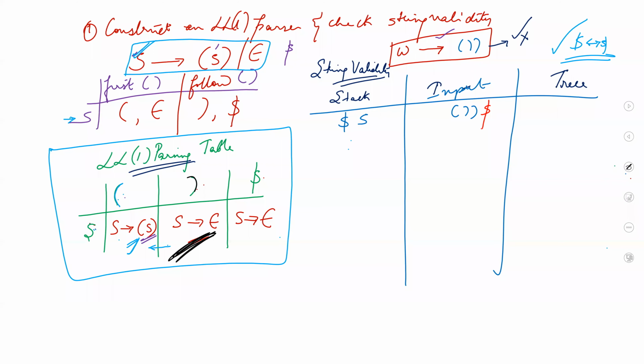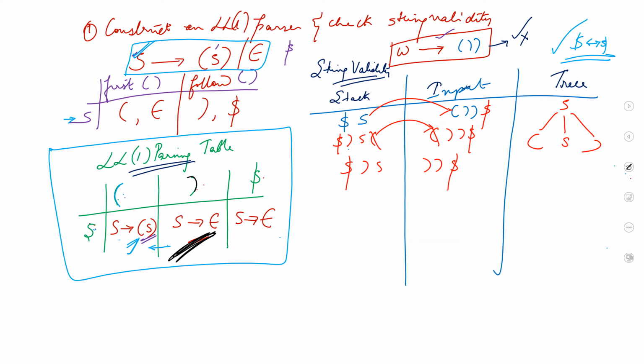Sorry. Yeah. You encounter S and open bracket. S and open bracket means you replace S with this. Your tree becomes this much. Okay. You encounter opening, cancel it off. Remaining, you have this.